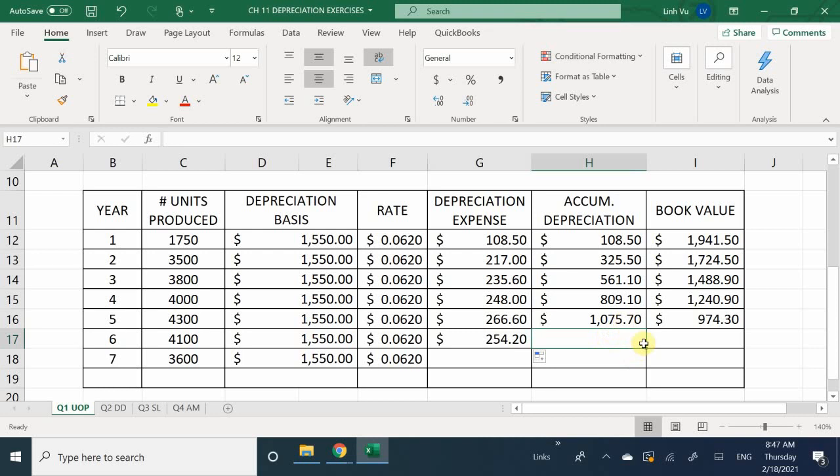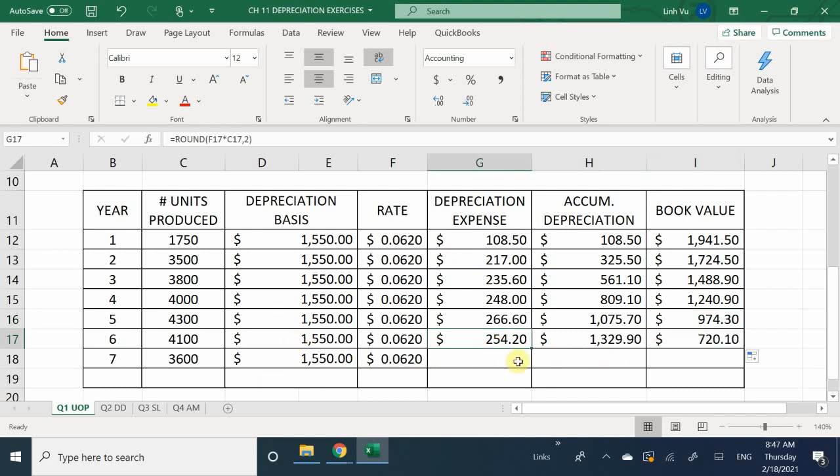What's my total accumulated depreciation for year 6? 1,329.90. And lastly, what's my book value going to be as of year 6? 720.60. Good.